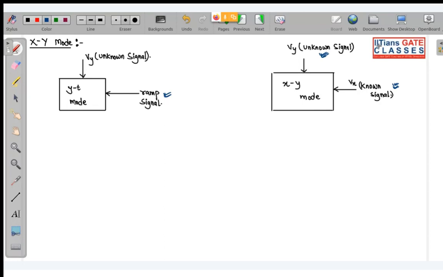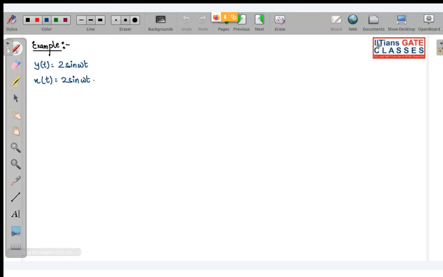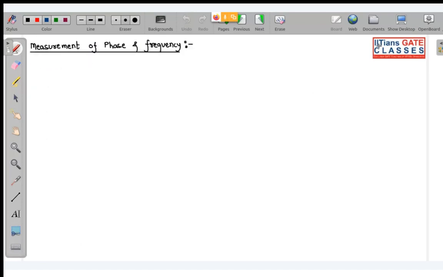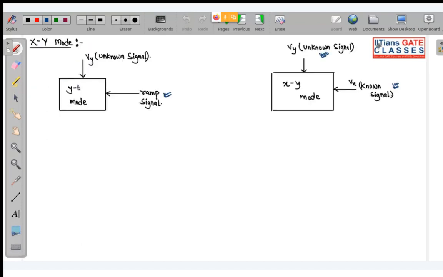Now in XY mode, we take help of simple harmonic motion. Now what is the simple harmonic motion?